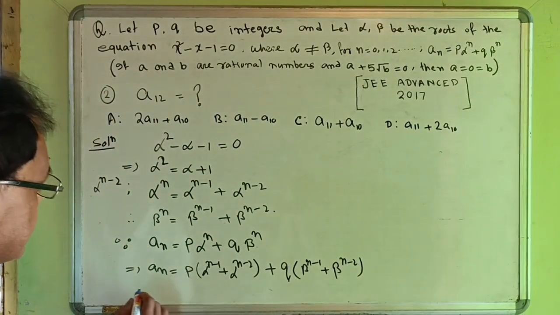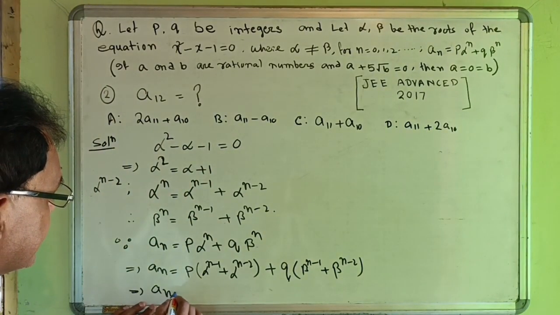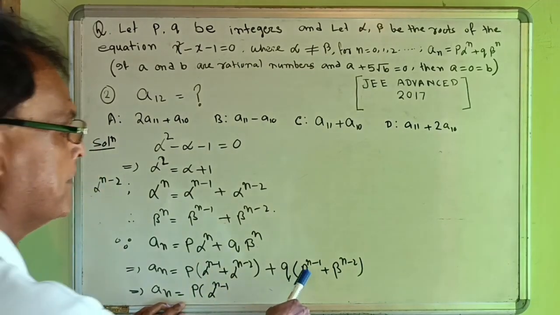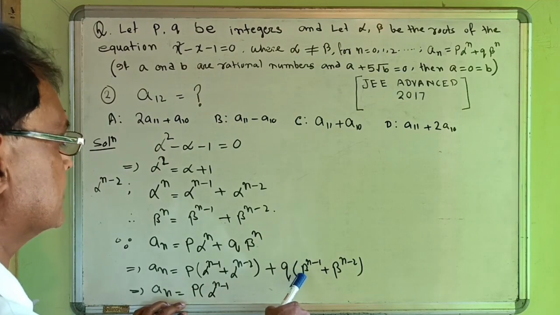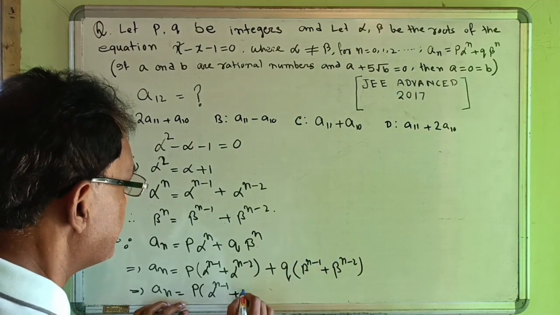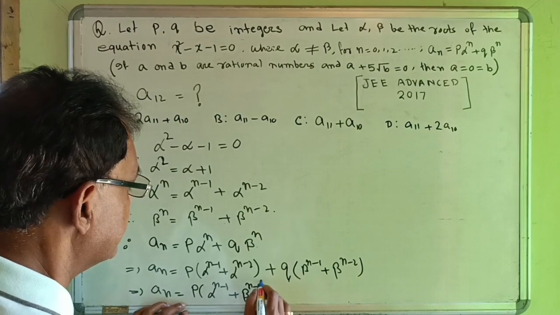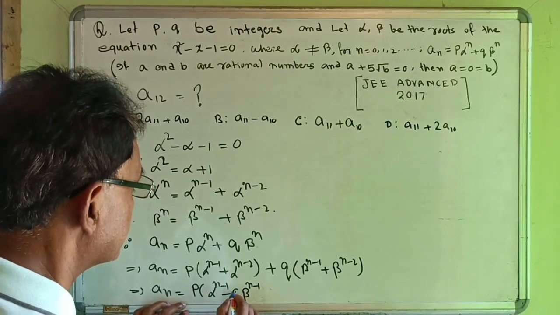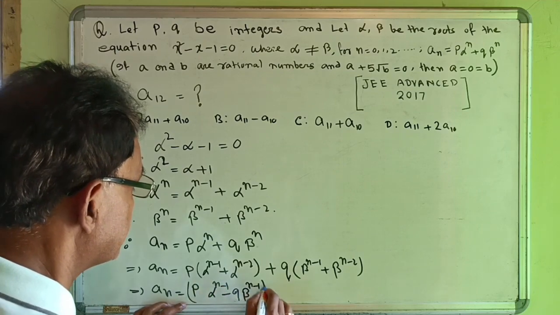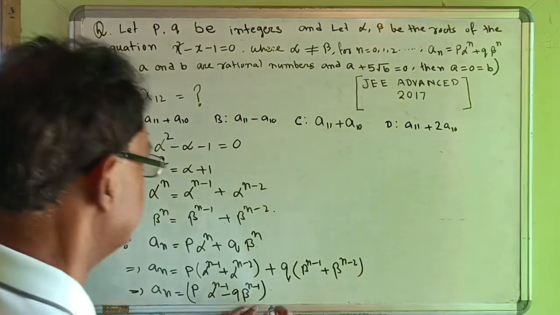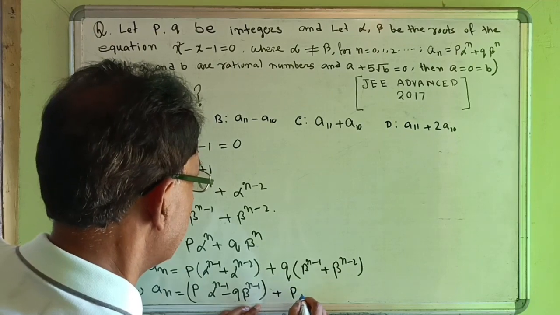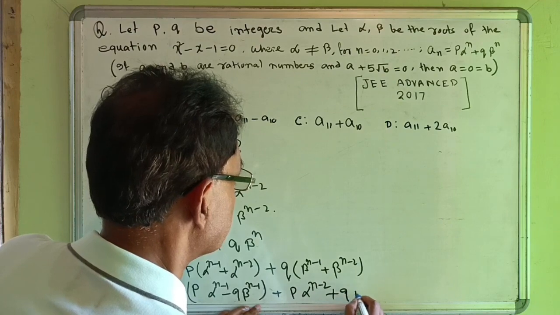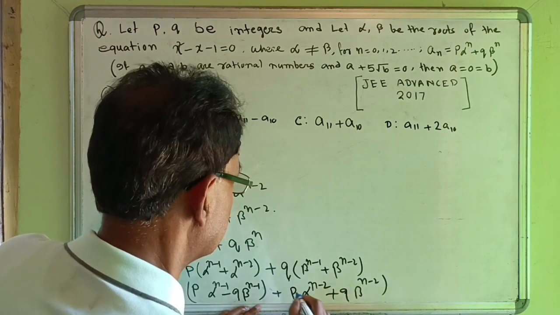Now we multiply it. This gives a_n equal to p alpha to the power n minus 1 plus q beta to the power n minus 1, plus p alpha to the power n minus 2 plus q beta to the power n minus 2.